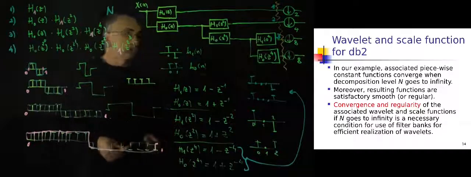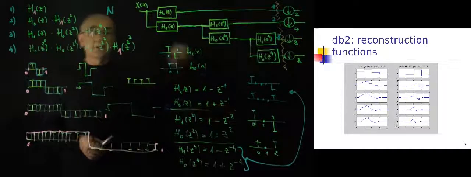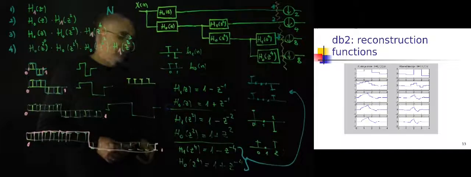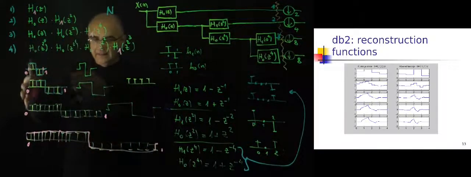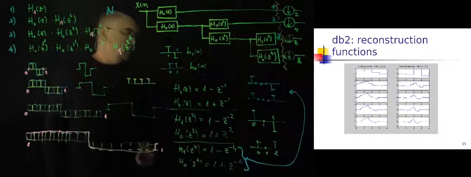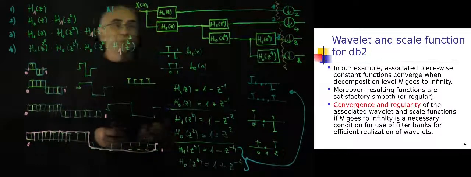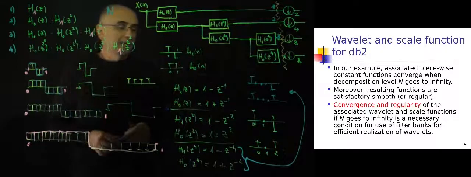Now we can define what the wavelet and scale function is. It is that associated function when the decomposition level tends to infinity. So it is an associated, imaginary continuous function that is in the background of our samples and of our discrete system. We learned how to design orthogonal or biorthogonal filter banks with the perfect reconstruction property.